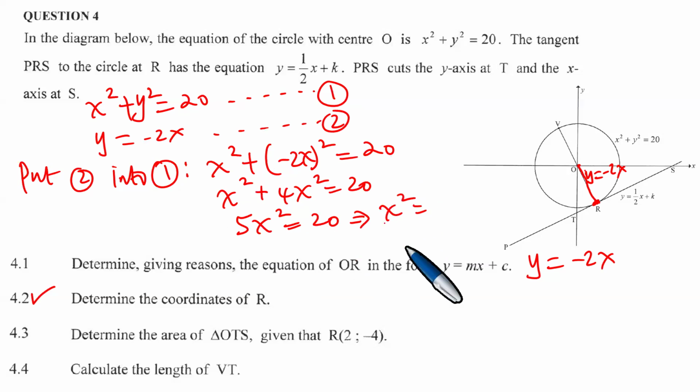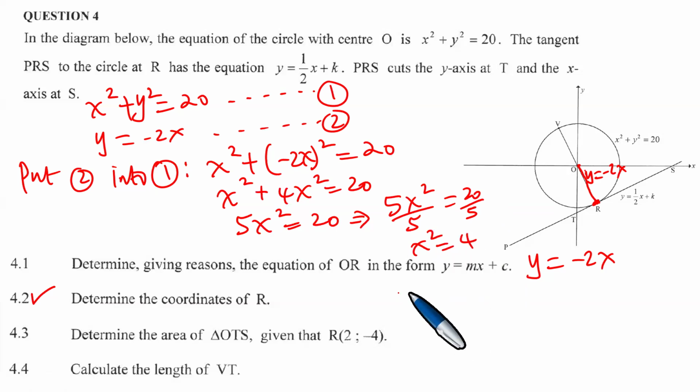Let's write a few more steps, like in school, and show some trivial steps. So you have 5x squared divided by 5 equals 20 divided by 5. Therefore, you have x squared equals 4. If x squared equals 4, you take the square root of x squared, it must equal plus or minus the square root of 4. x equals plus or minus 2.